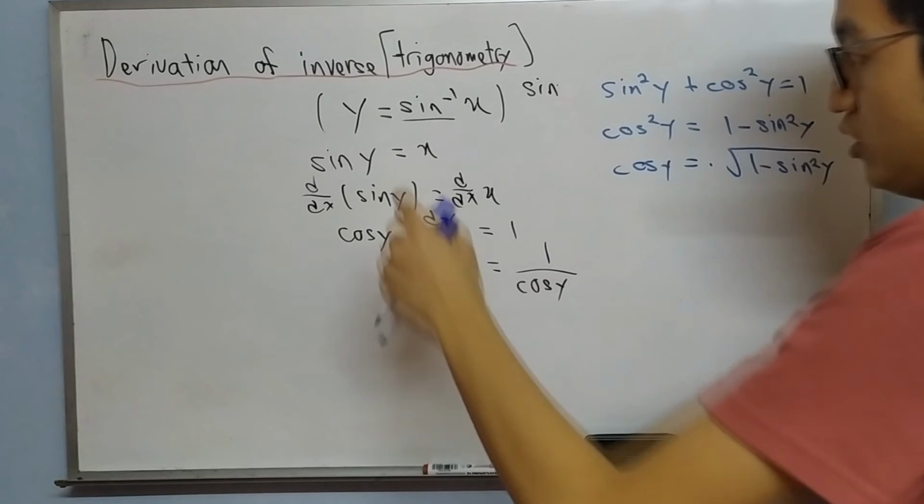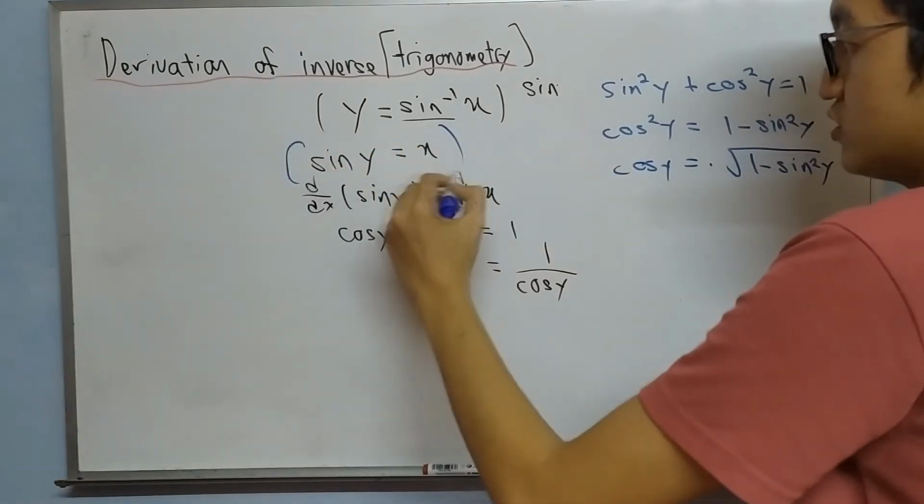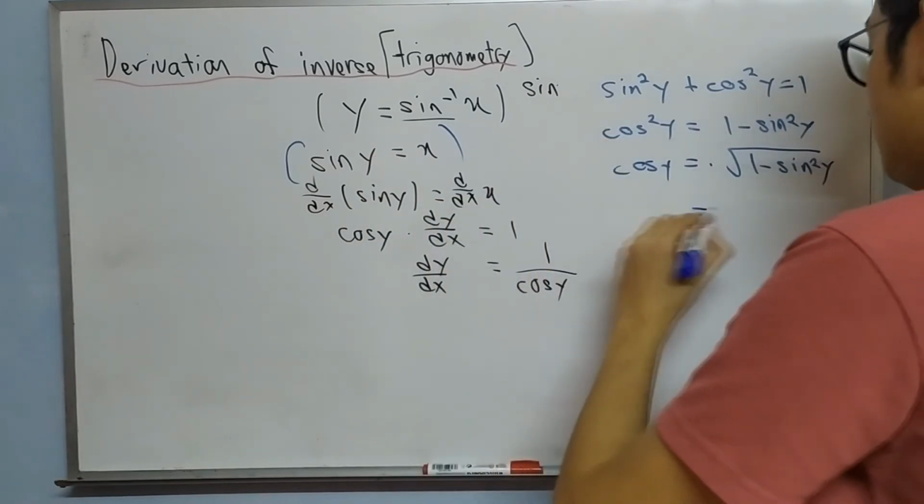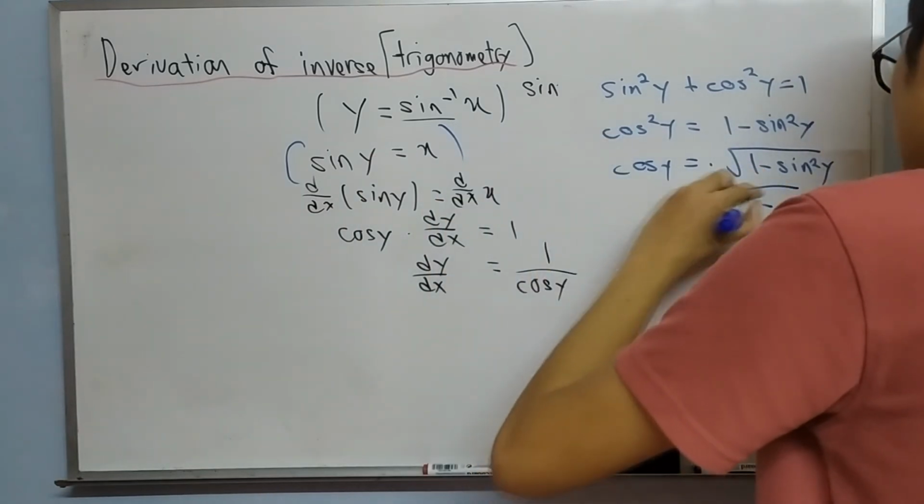From here, sine y is equal to x, so sine squared y will be x squared. So cos y is the square root of 1 minus x squared.